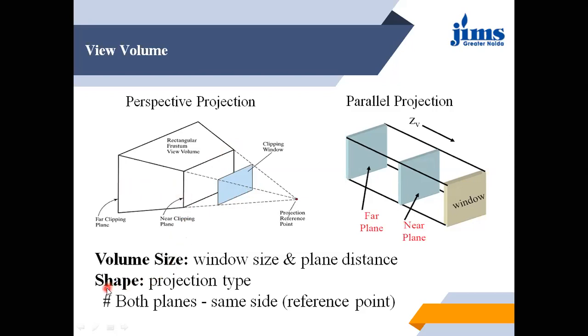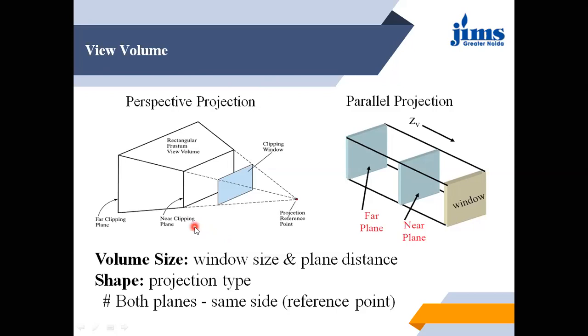Whereas shape depends on the projection type. As in parallel projection, the shape is the same as the object, whereas in perspective projection, the shape is going to change based on the distance of the projection reference.